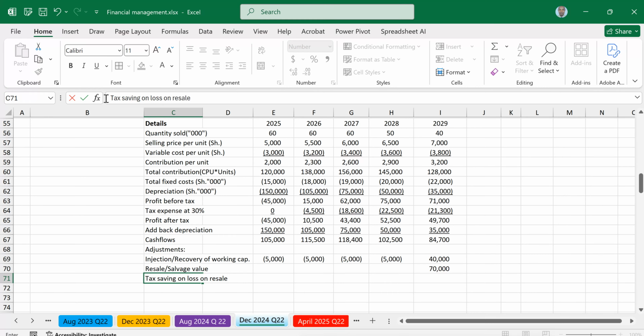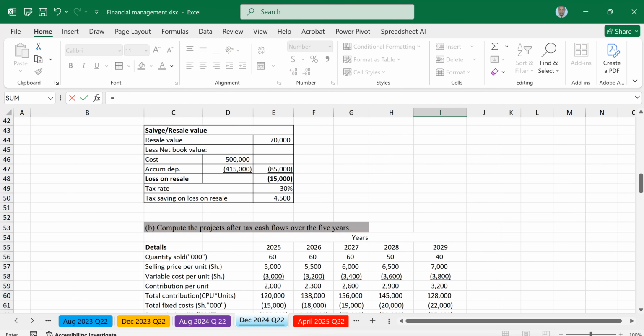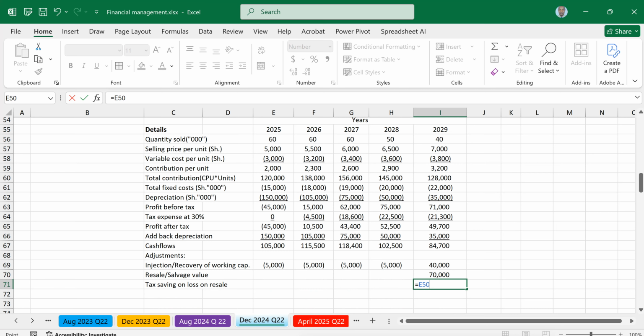Tax saving on loss on resale. The tax saving on the loss on resale is also given as 4,500. So the tax saving is an inflow in the 2029 year. Tax saving on loss on resale.